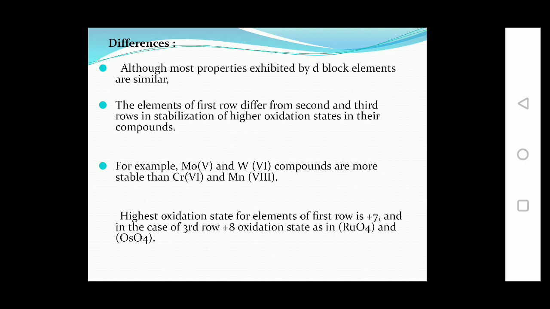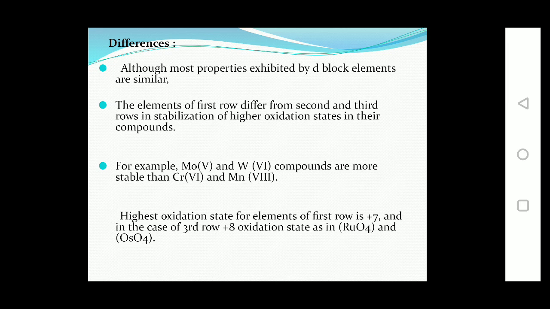Molybdenum in the second transition series and tungsten in the third are more stable than the elements of the first transition series, such as chromium in its oxidation state 6 and manganese in 8. So when a higher oxidation state comes, the elements of the second and third row are more stable.